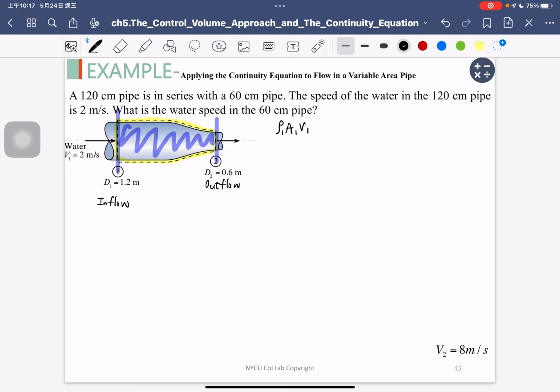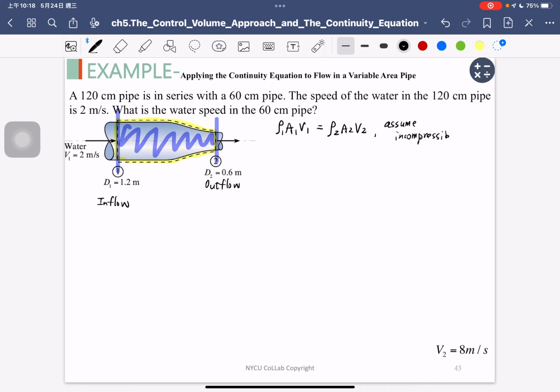So I directly write the continuity equation as rho 1 A1 V1 equals rho 2 A2 V2. And sometimes we assume the flow is incompressible.